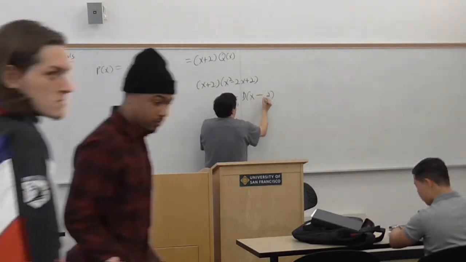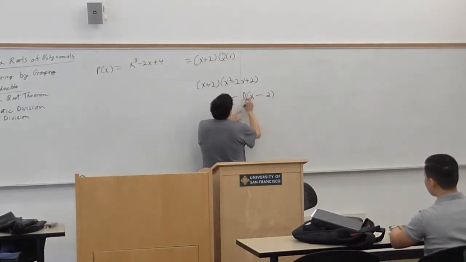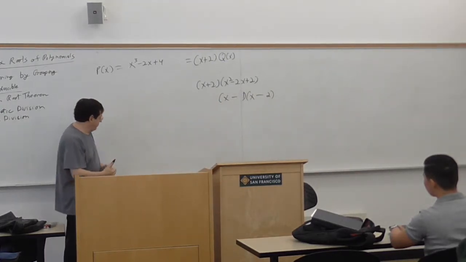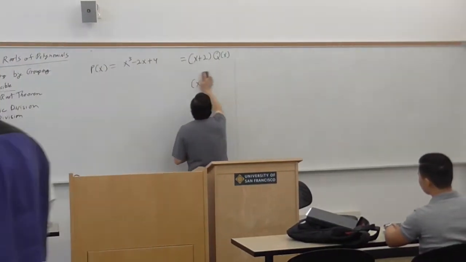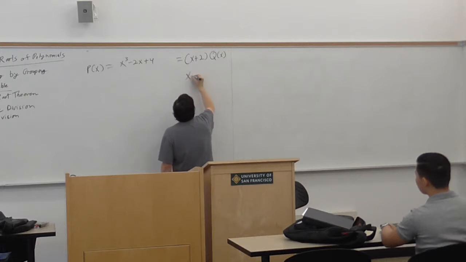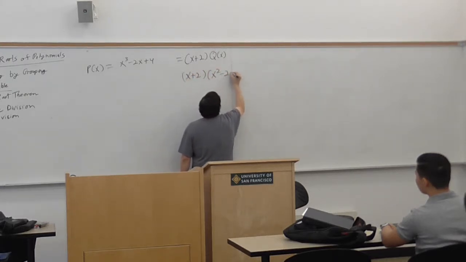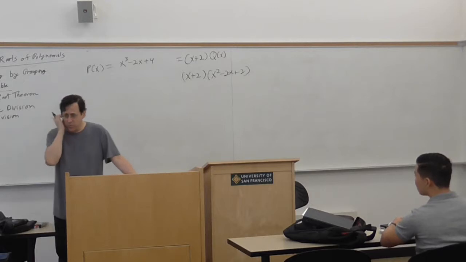They have to be both minus, but then that would be minus 1 and minus 2, which is minus 3. Uh-oh. I'm running out of room here.